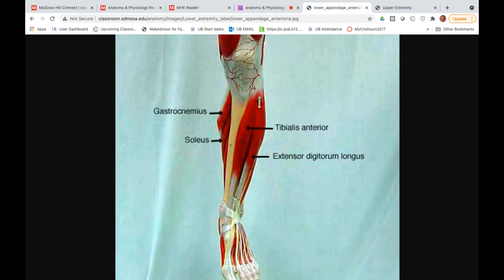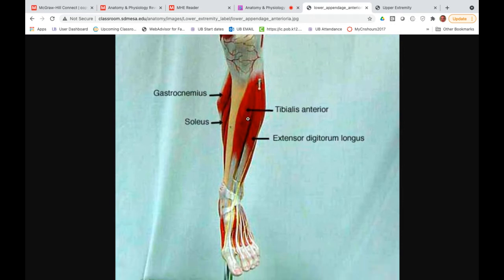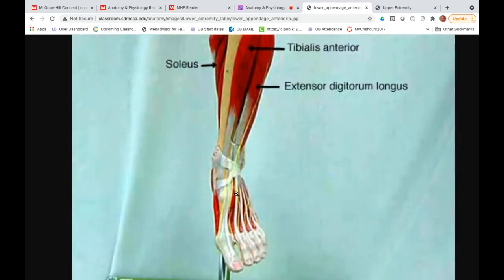Let's look down on the anterior leg. The anterior leg, we have muscles that originate on the front of the shin, where the tibia and fibula are, and these tendons cross the ankle. So again, if it crosses the joint, it has to act on the joint.